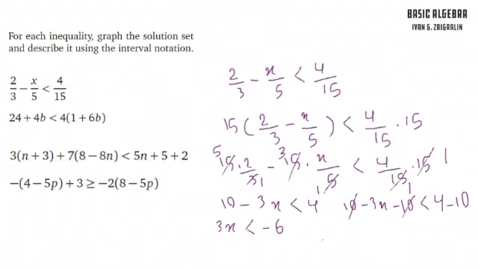Here we divide each side by 3, so 3x over 3 is less than negative 6 over 3, and the result is x is less than negative 2.